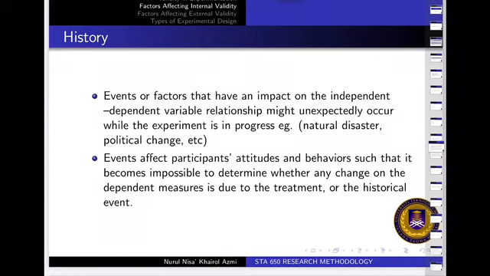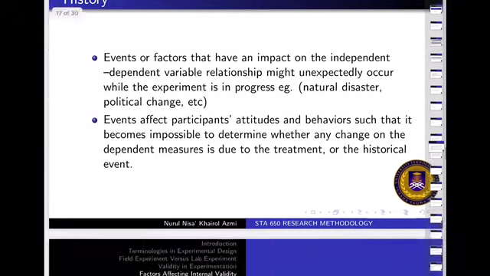So the event on the place that we want to apply under natural setting might not be the result as what is supposed to be in a real situation.